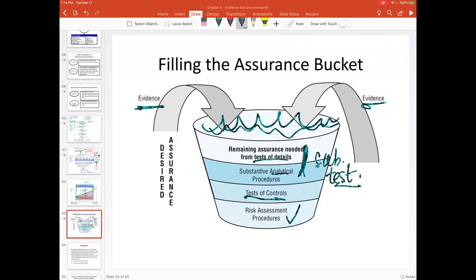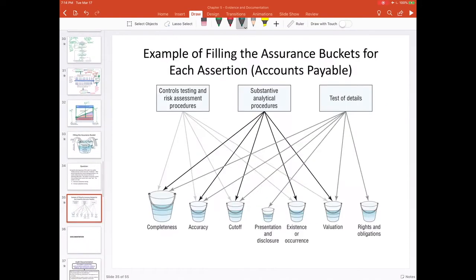So the idea behind the bucket is, hey, I can have different amounts of water or evidence in the bucket coming from TOC versus substantive procedures, as long as at the end of the day, my bucket is full. So it kind of has this visual where it shows the buckets being filled by different amounts. Like for instance, with this one here, there seems to be more test of controls, and with this one, there's very little from test of controls.